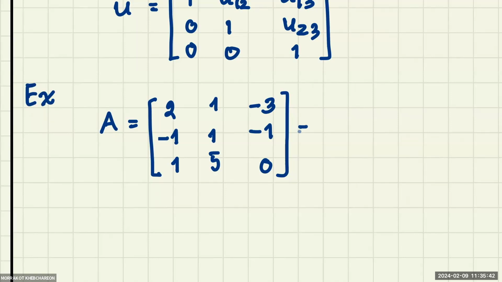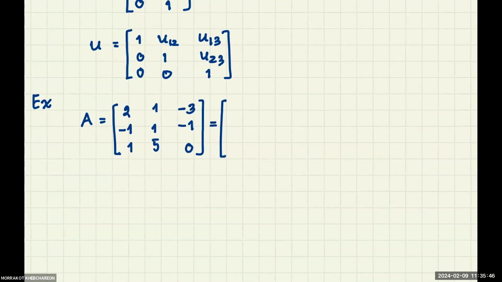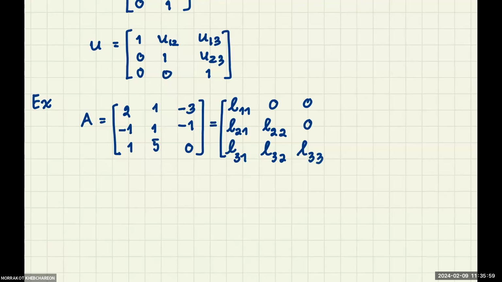If I want to do the Crout factorization, matrix L will be L11 0 0, L21, L22 0, L31, L32, L33. But U is a unit upper triangular matrix: U12, U13, U23.